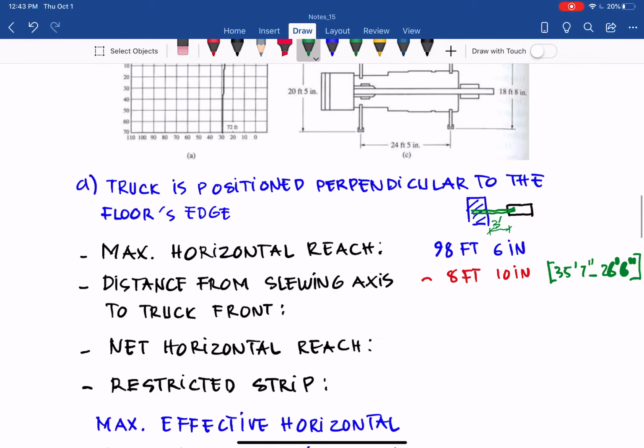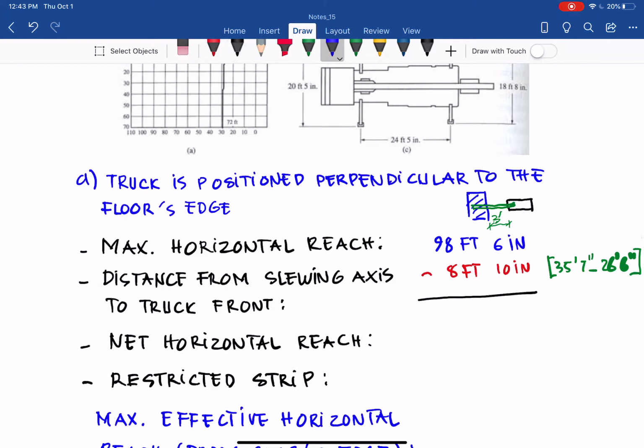And with that difference, we can subtract to get the net horizontal reach. 6 inches minus 10 inches, so you borrow 1 here, so 12 plus 6 equals 18. 18 minus 10, so you will have 8 inches, and 98 minus 9, so it will be 89 feet 8 inches.